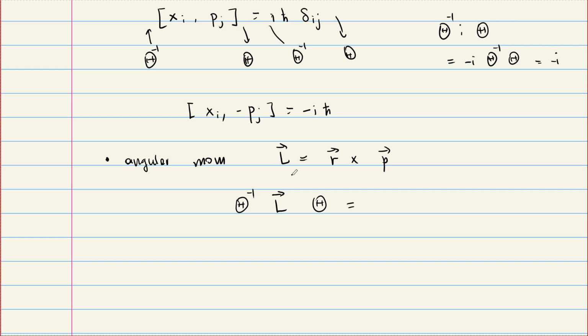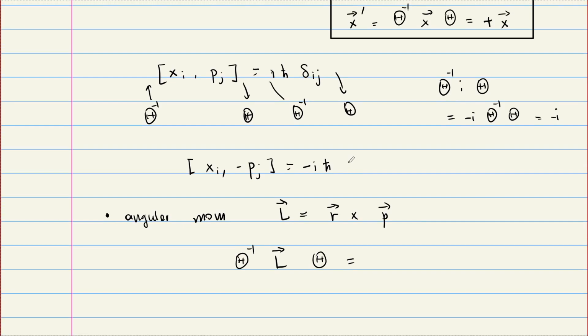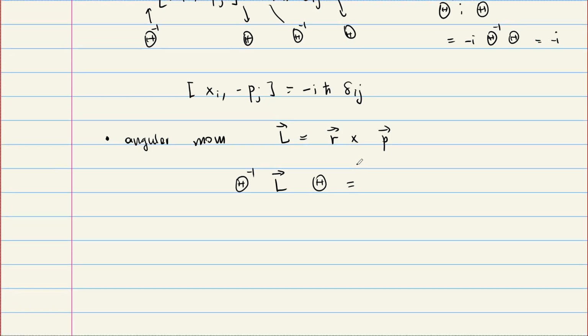Can you say one more time? Above? Oh yes, so this is delta ij. Yes, thank you. What about this theta to the minus 1 L theta? What should be the right hand side? So R goes to R and P goes to minus P. So this is minus L.